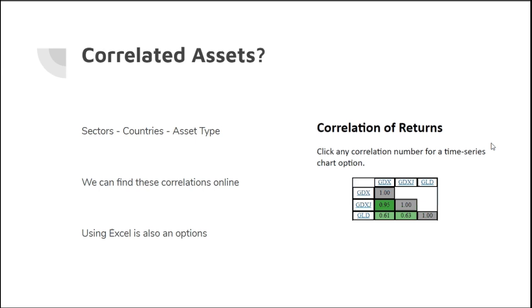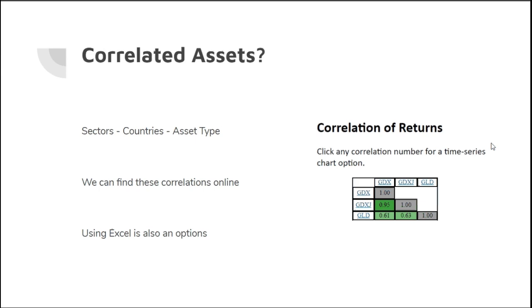We can find these correlations online, but I would suggest to you that for studying this, if you are a newbie, use Excel or OpenOffice. You have a correlation function, and I'm going to explain to you how to extract these spreads on Excel. Yeah, you can use Python, R, MATLAB, but let's keep this very simple, alright?